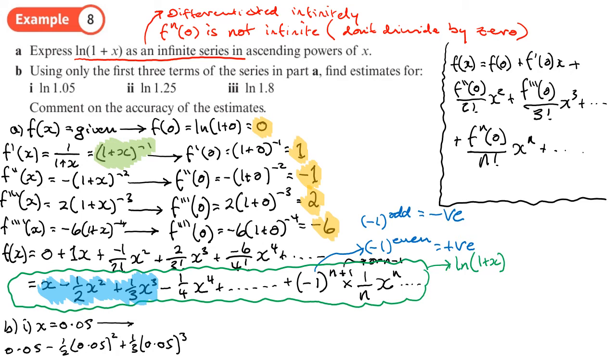So 0.05 minus a half times 0.05 squared plus a third times 0.05 cubed.